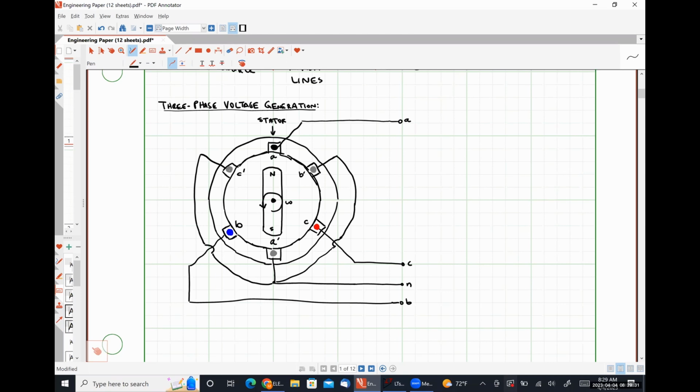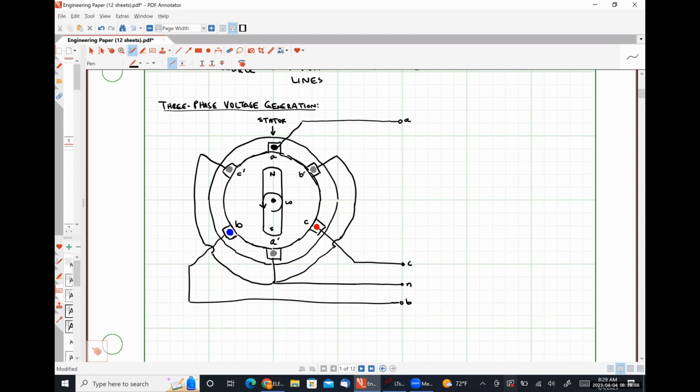So if you have a magnetic field passing through a coil of wire, when that magnetic field changes, a voltage is induced in the coil. Okay, that is what's called Faraday's law of induction, right?